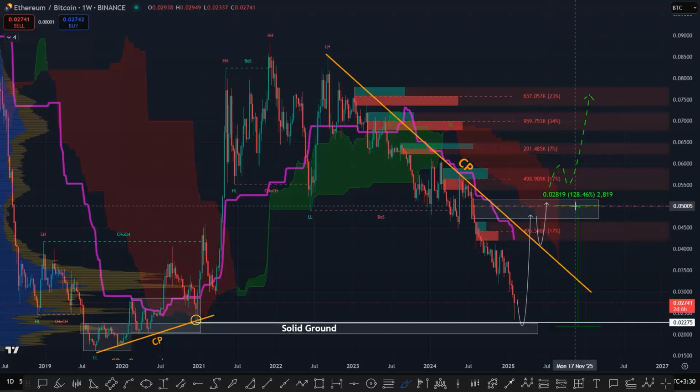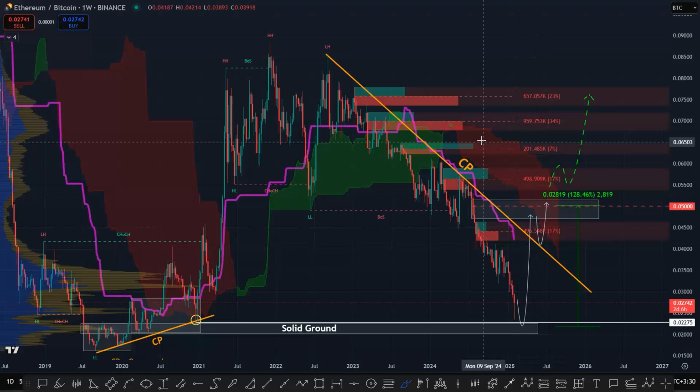Even this bounce up is 120% compared to the Bitcoin pair. So if you have Bitcoin right now, I prefer to wait and change it to Ethereum around this zone. And if we tested this zone, you can make a lot of money with your Ethereum.